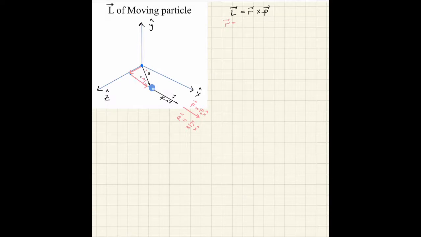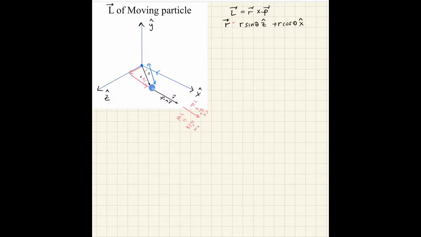Although that d is important because it really is the only component that's going to contribute, since I started this way, I'm going to go the other way. So in the positive z hat direction, I have an r sine theta component, and in the positive x hat direction, I have the cosine theta component. And so I can represent my r vector like this.